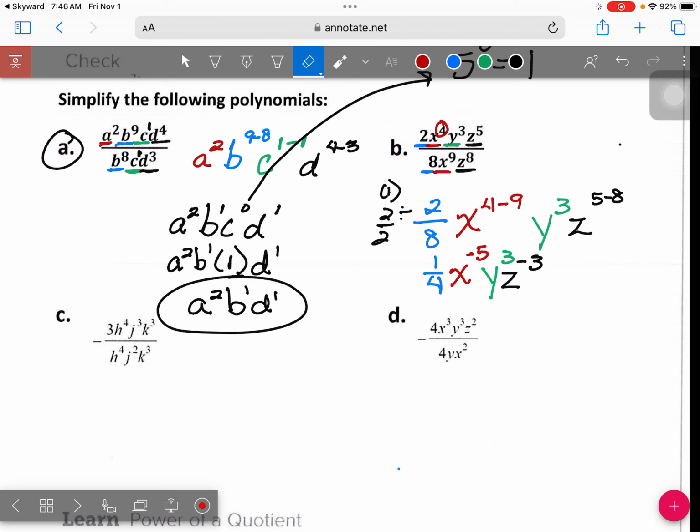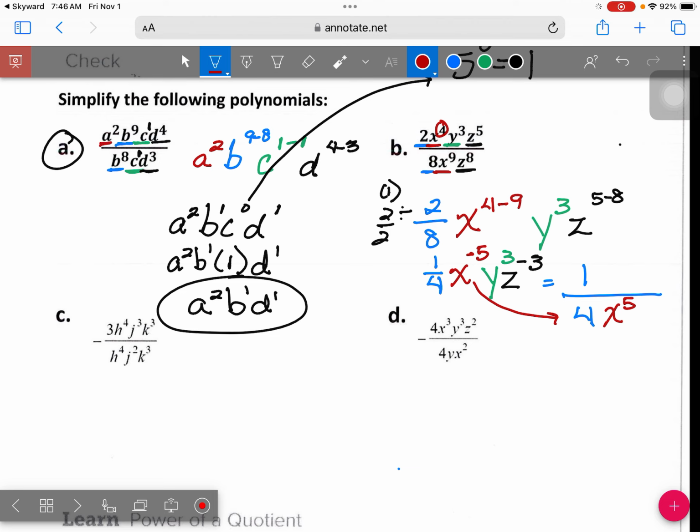I am going to move down to the denominator. So here's what it looks like. We have 1/4. X to the negative 5th is going to go down to the denominator and become x to the 5th in the basement, in the denominator.